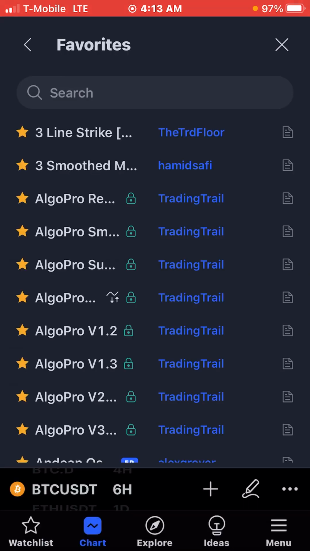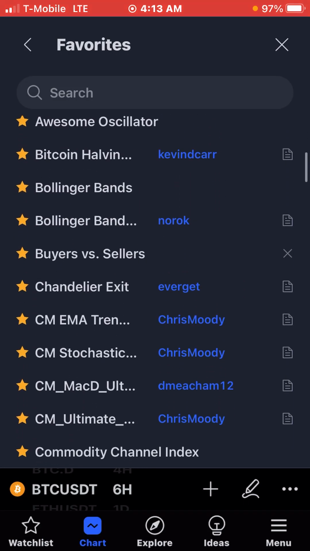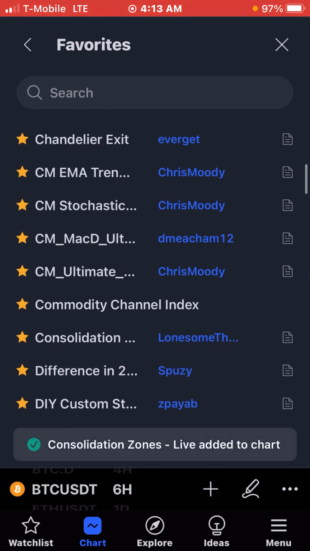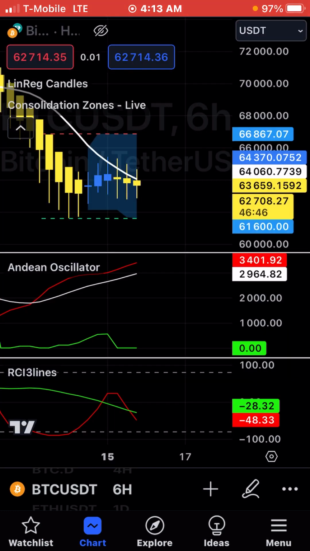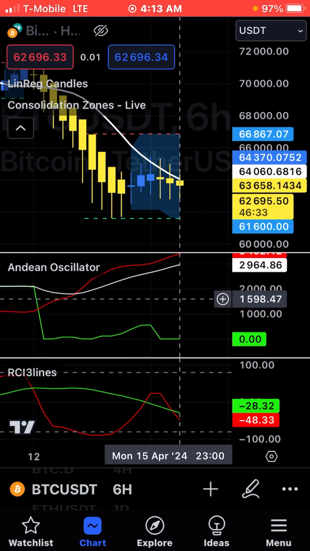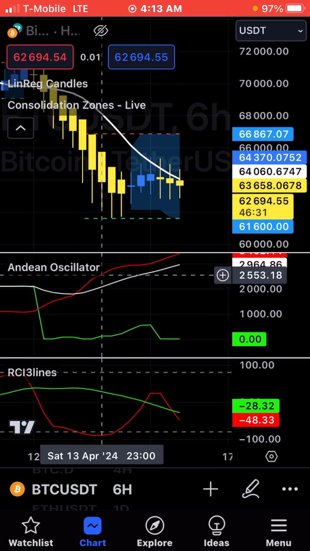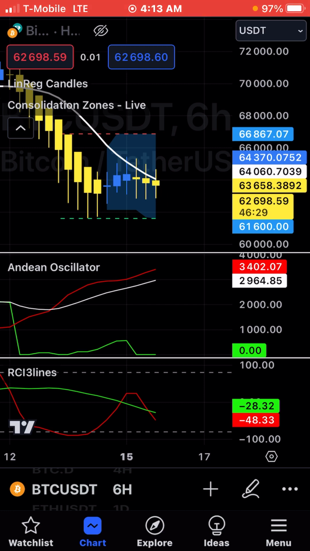And let's just load the consolidation one here as well. I like to have consolidation so we know if it's consolidating, and that's happening right now. It's just bouncing right now because it doesn't know what direction to go. But let's just say for the sake of this, on the 6 hour here, that direction is down. And we can confirm that right now because it hasn't crossed through the signal line on the Andean oscillator yet, which means it's not even retracing to go back up yet.